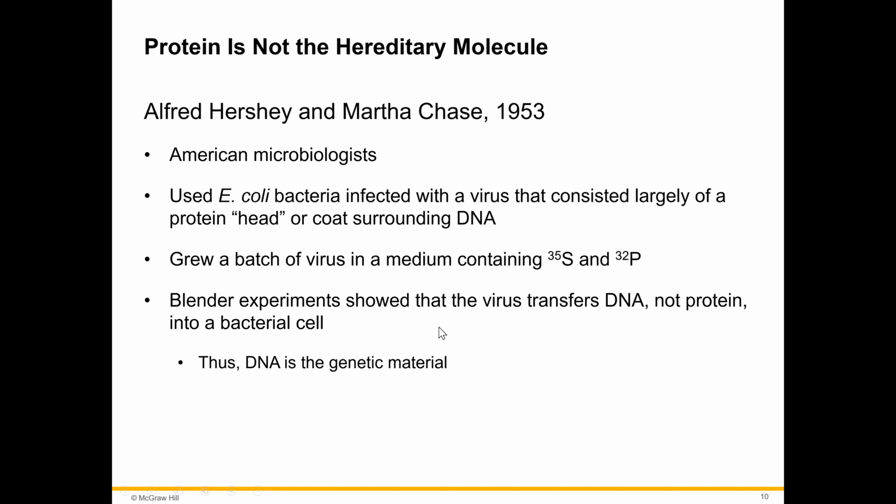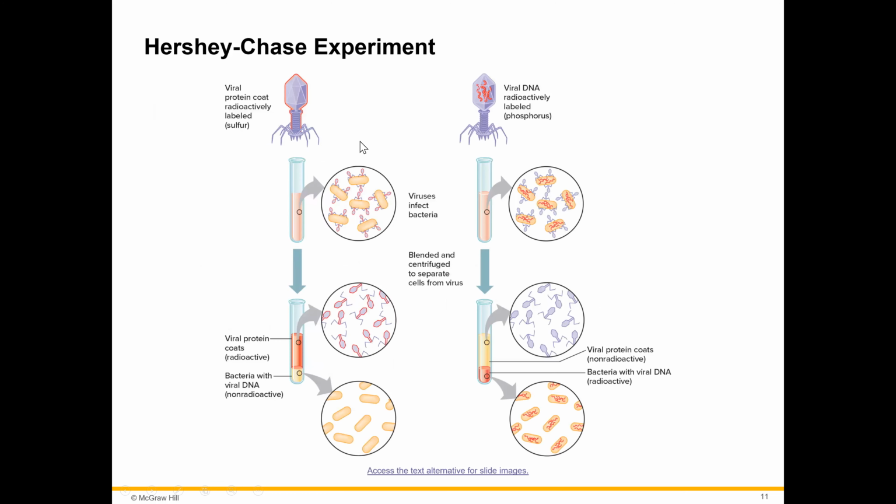So let's look again at the experiment, and then we will get back to this slide. So here you have a virus, and we know virus is made of a protein coat, so that's a protein coat, and I don't want it to be red, so let me go back to blue. So the coat is made of protein and it has DNA inside, so we pretty much have both DNA and protein.